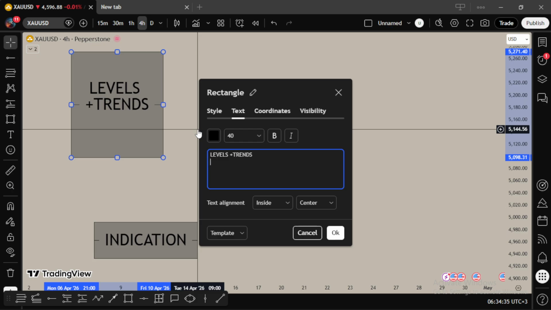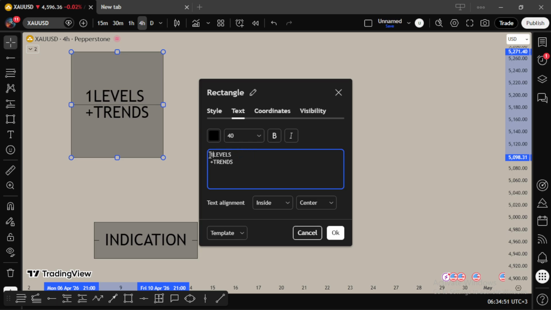Then, let me copy this down here, then delete it. Number one, number two, so we add another dot there. And then the third thing is strategy.